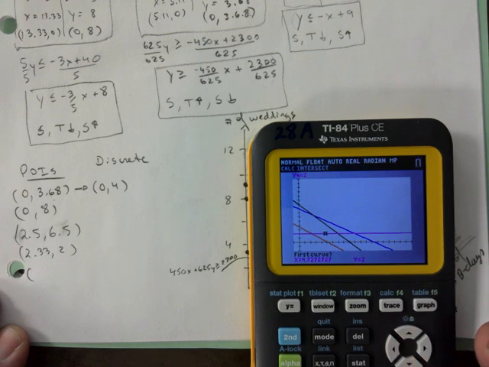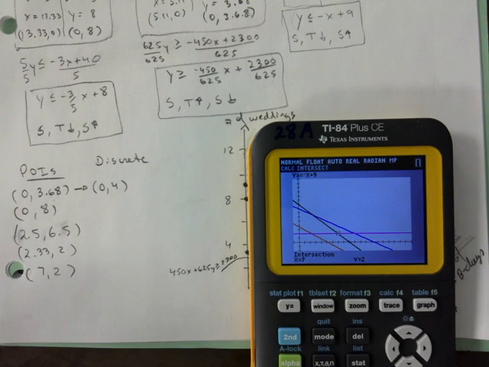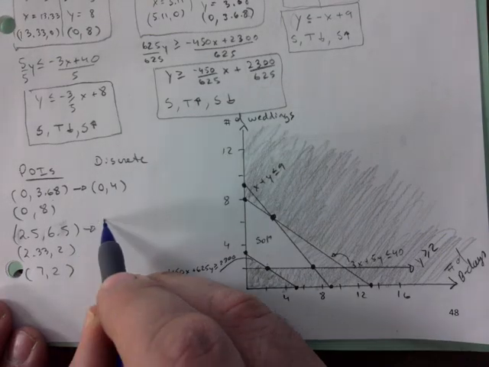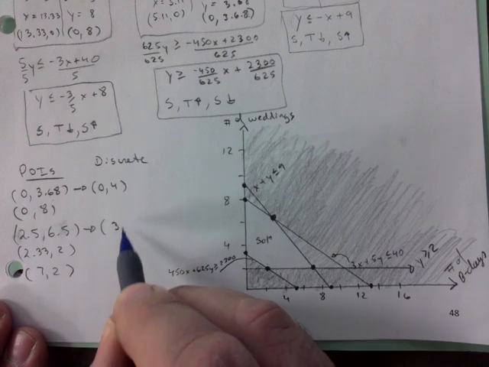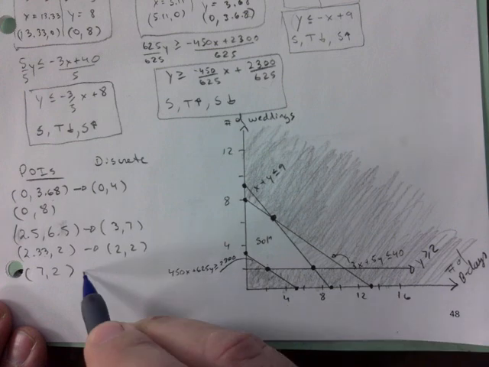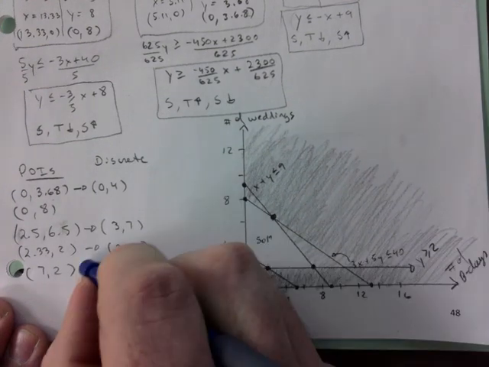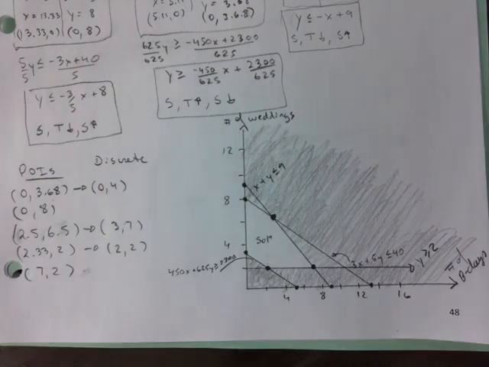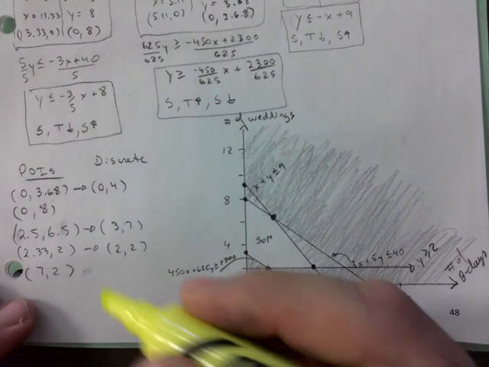Jump to the black line. And that's 7.2. There you have your corner points of intersection, and then we just make sure we round them accordingly. 3.7. This would be 2.2. So just round up or down. Sorry, this one doesn't need to be rounded. So your corner points are essentially these ones, right? These are the ones we would consider moving forward. Okay.